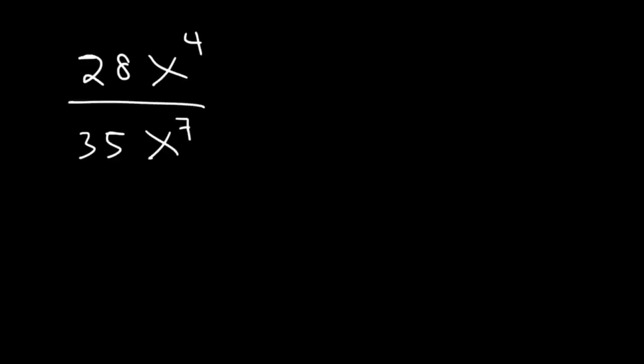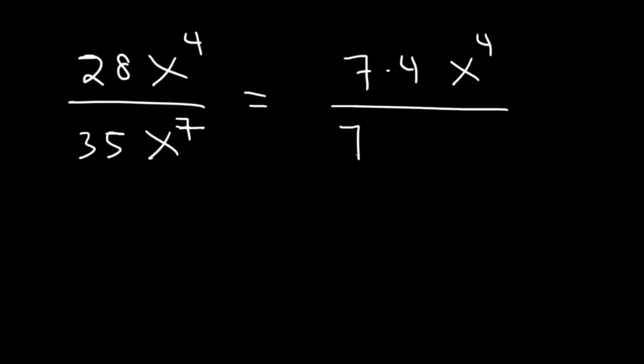Here's another example. Simplify this expression. 28x to the 4th divided by 35x to the 7th. Feel free to pause the video. Now in this example, I'm going to break down 28 into 7 and 4. 35, I'm going to break it down into 7 and 5.